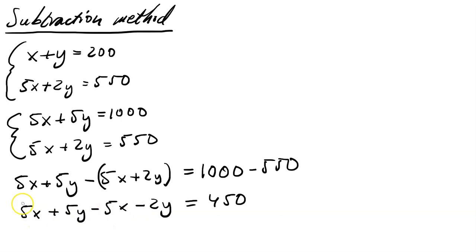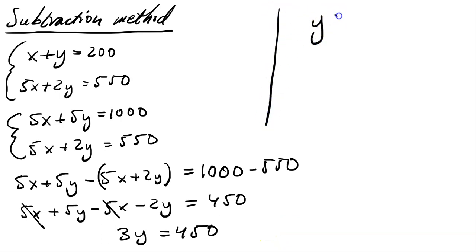And now we see that the x is cancelled, as we prepared for also. This is 3y equals 450. So we see that if we divide both sides by 3, y is 150.